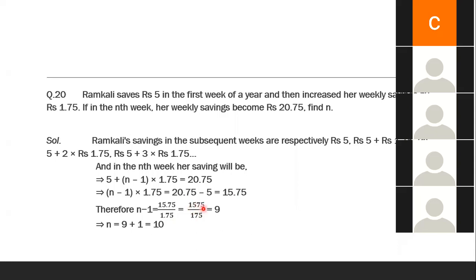It is 1575 divided by 175. Directly divide, 175 nines are 1575. N minus 1 value is 9. Shifting the minus 1 to the right side, plus 1. So answer is 10. So by 10 weeks, her amount will become 20 rupees 75 paise.